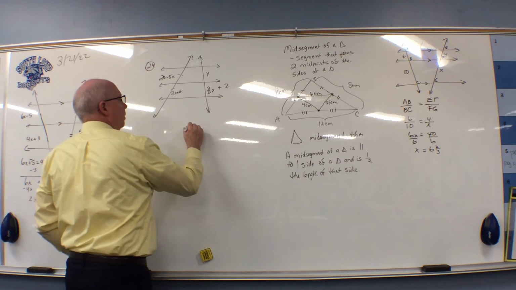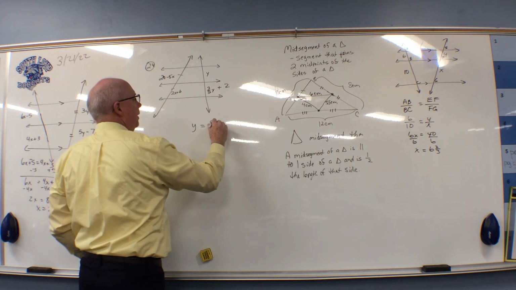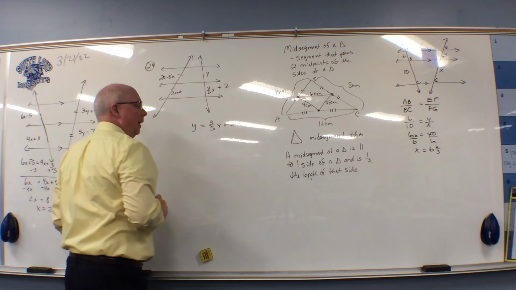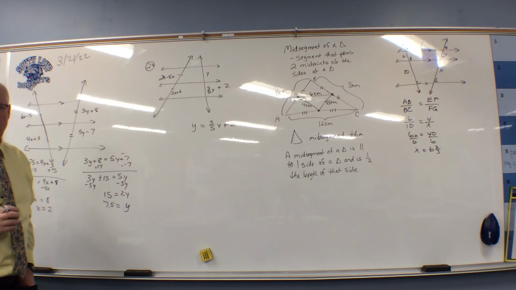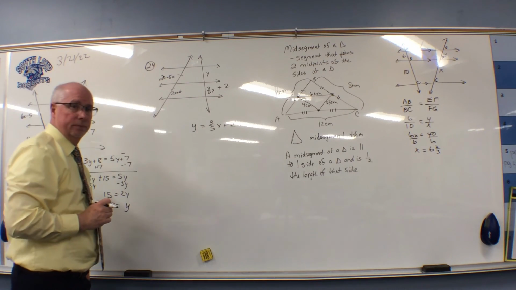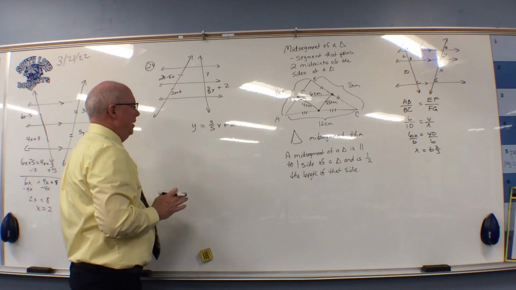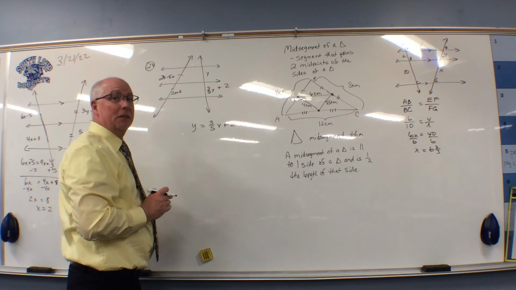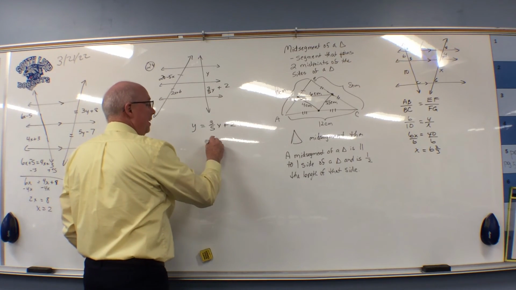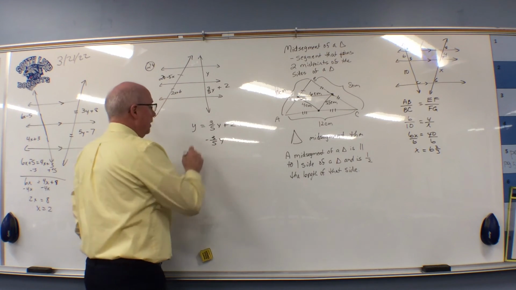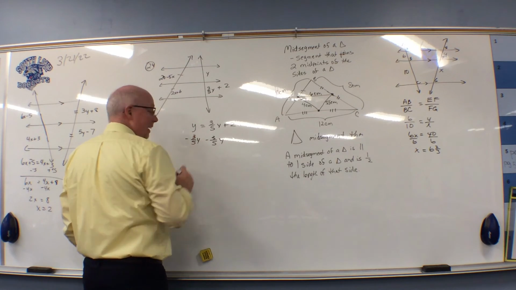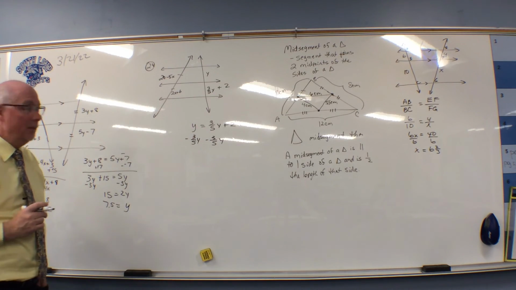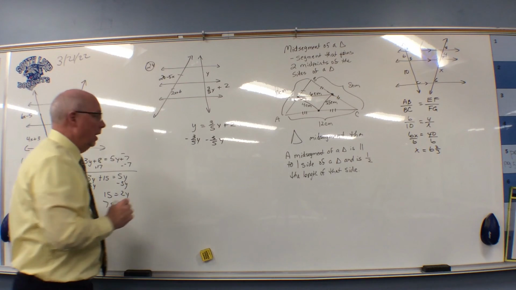I wanna do this one. y equals 3/5 y plus 2. Why do you suppose I wanna do that one? It's harder. Why is it harder? Fraction. As a fraction. Okay? So how do I get the y's on one side? I'm gonna subtract 3/5 y from both sides.